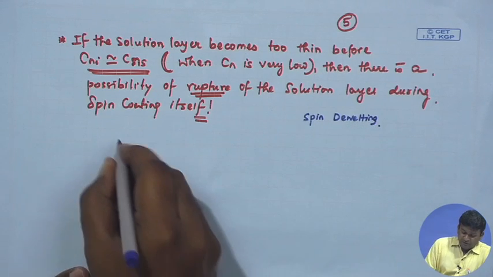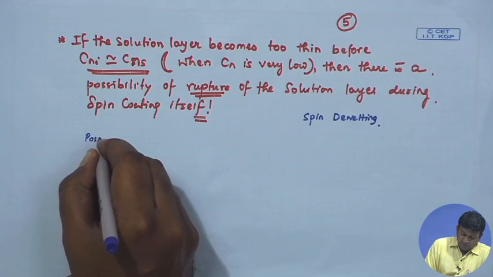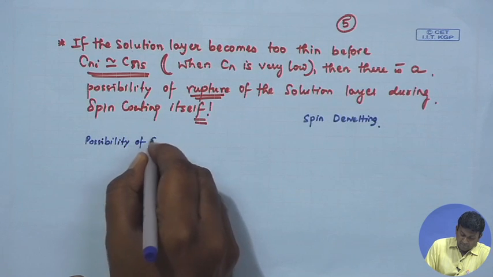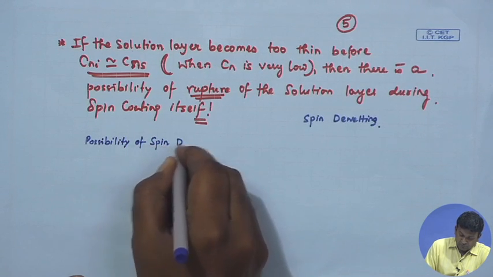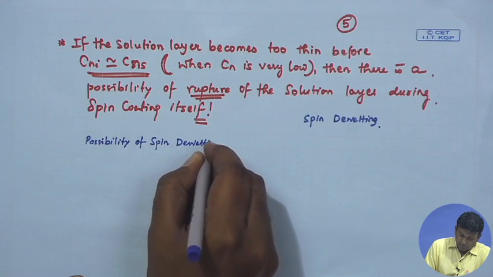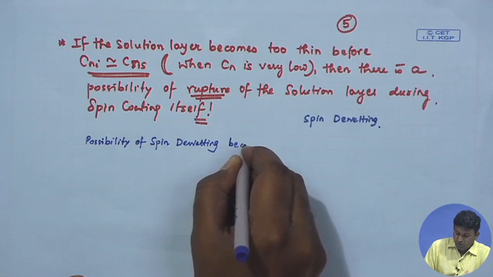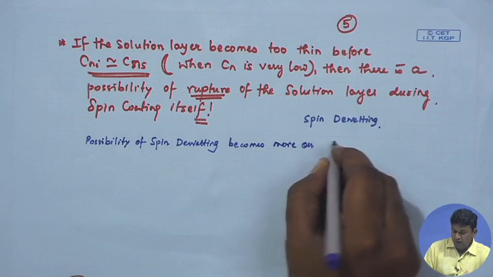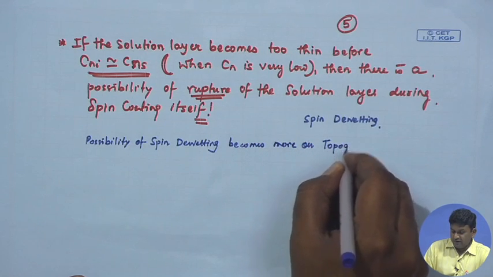The possibility of spin dewetting becomes more likely on a topographically patterned substrate.